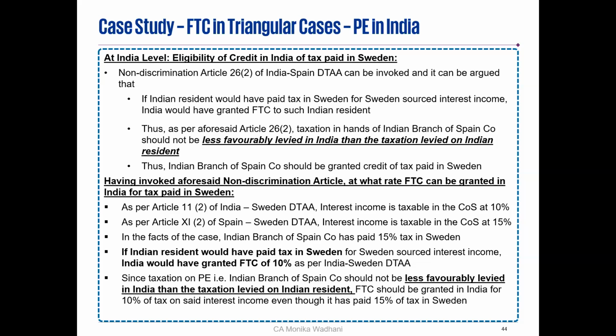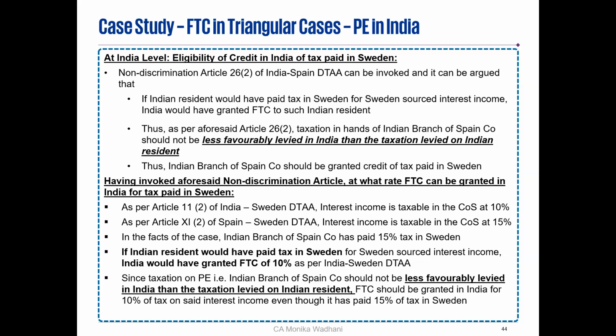So to my mind, this is how the correct argument and the correct proposition of law should be: that the non-discrimination article allows the PE, which is a non-resident, to invoke the provisions to the extent of claiming the relief of FTC and not being considered as less favorably treated on the taxation front.